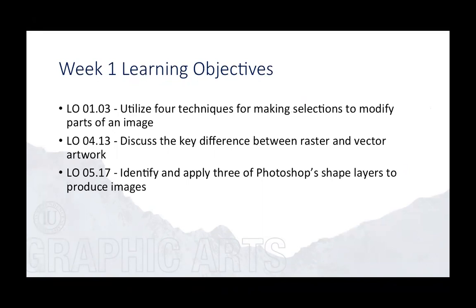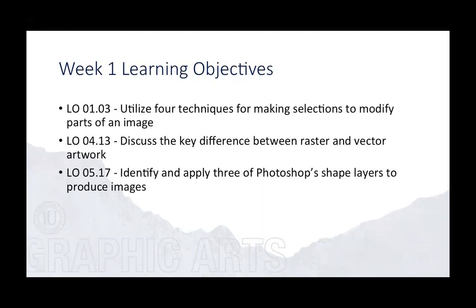And so when you try and stretch them and make them bigger, they end up looking blurry and pixelated. Vector artwork, on the other hand, as long as it's saved in the native file format, is always going to be easy to scale, and you're always going to have nice clean edges when you increase and decrease the size of a vector image.